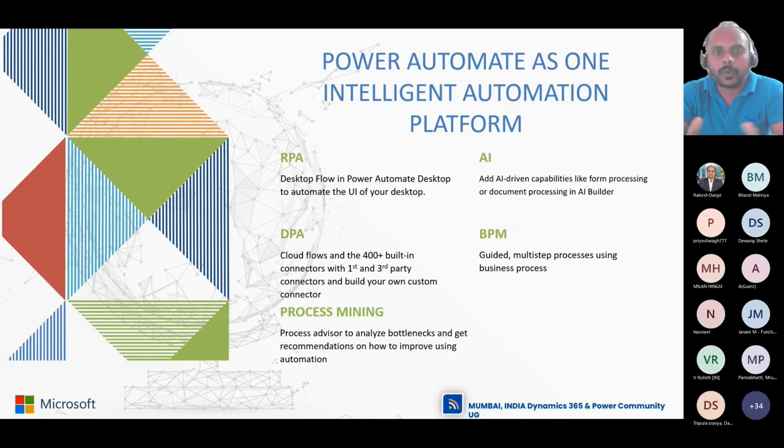So these are the five core pillars that Power Automate provides us. So we can say that it provides us an intelligent automation platform.